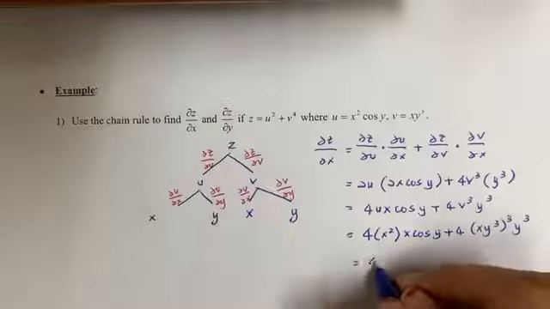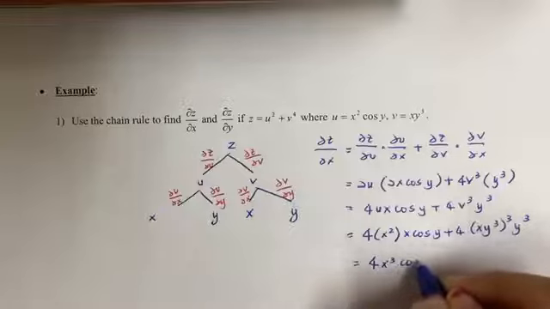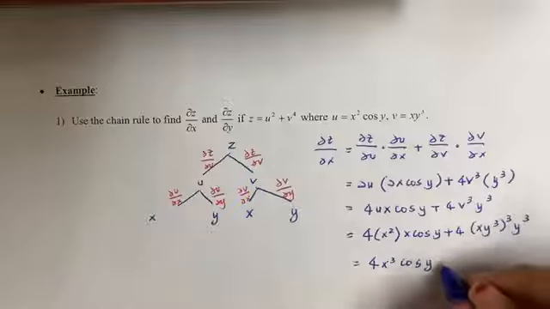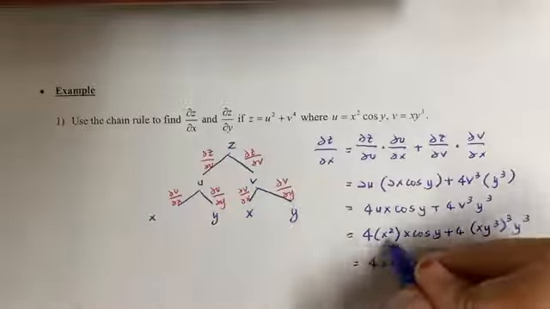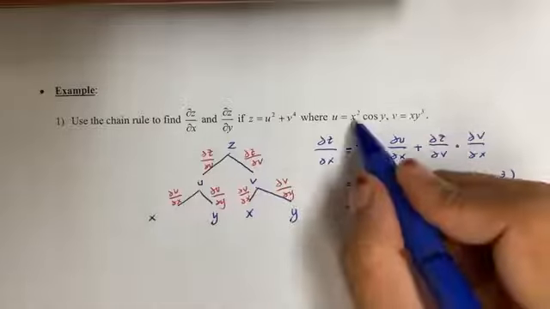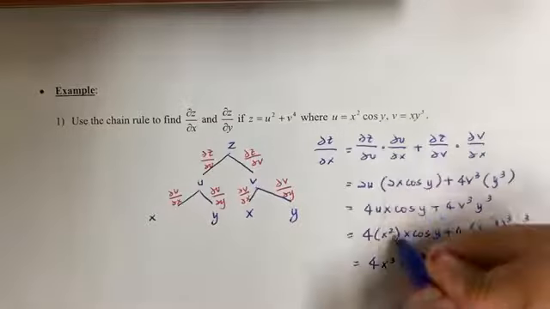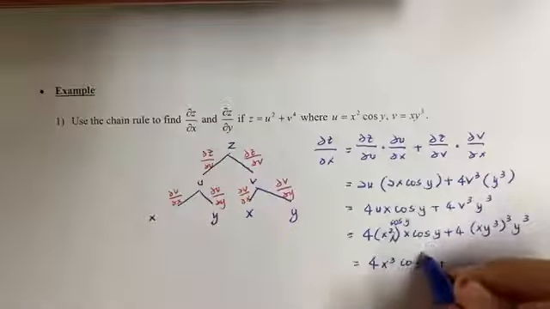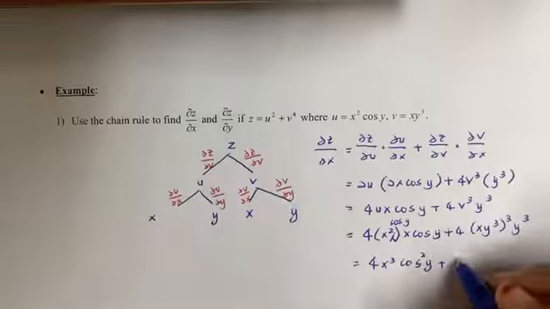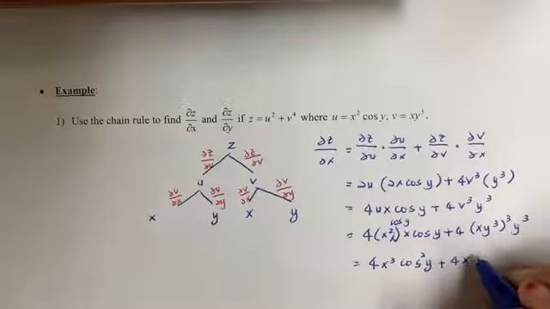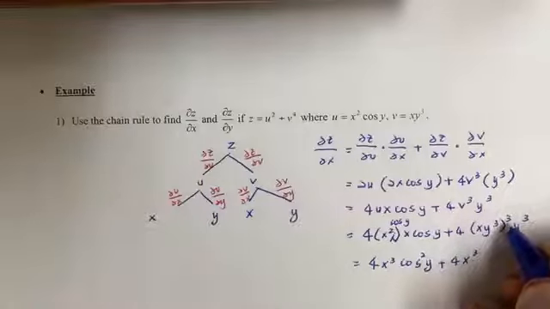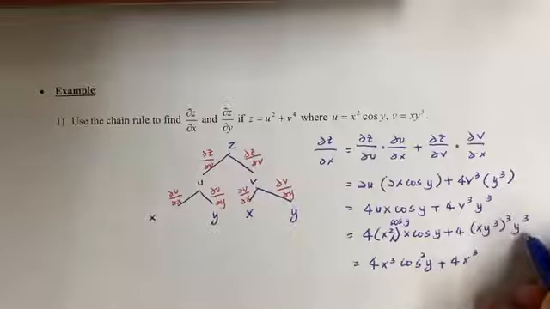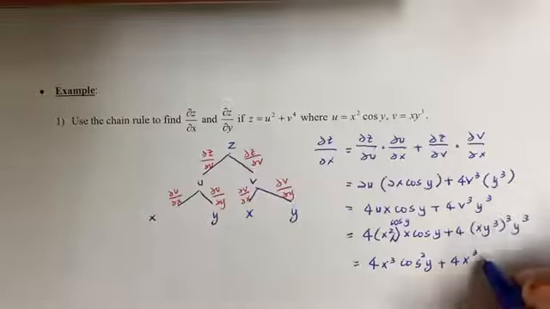This is equal to 4x cubed cos squared y, since cos y multiplied by cos y is cos squared y, plus 4x to the power of 3, y to the power of 9 multiplied by y to the power of 3, which is y to the power of 12.